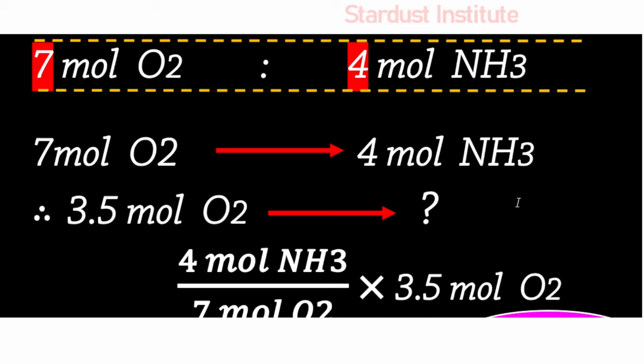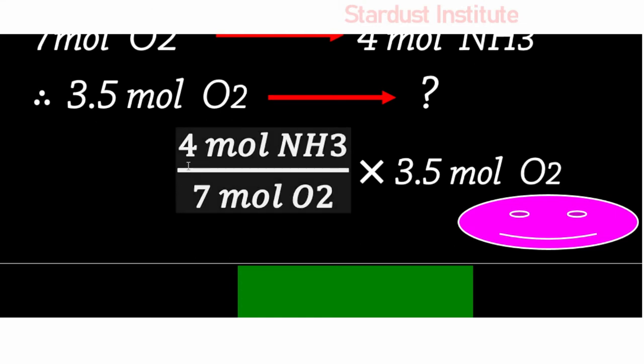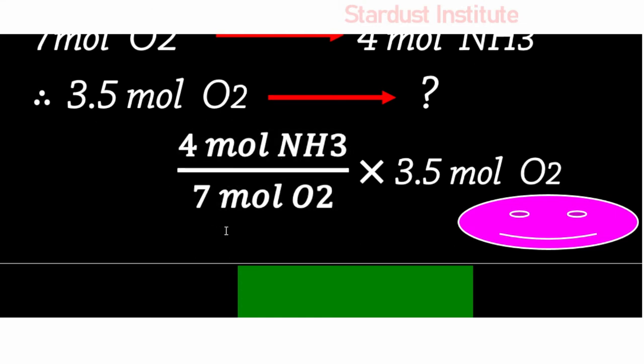You can find the answer in this way: 4 mole ammonia divided by 7 mole O2 multiplied by 3.5 mole O2. We should cancel out units.